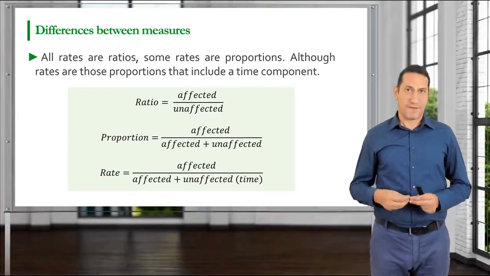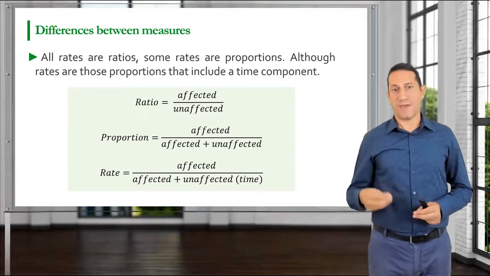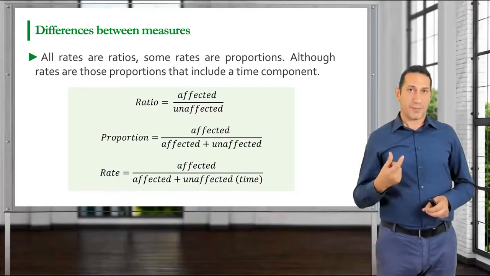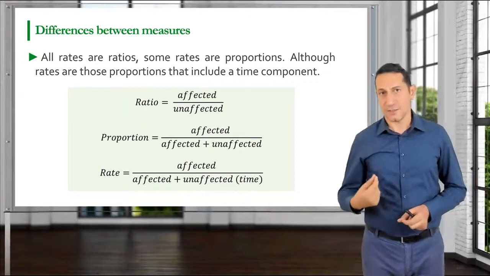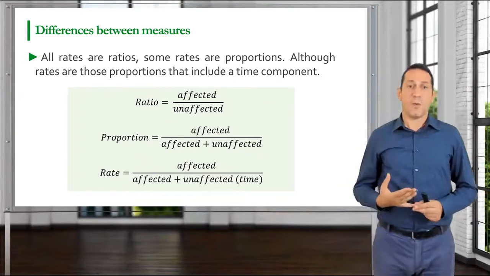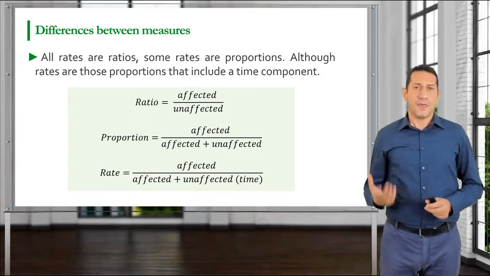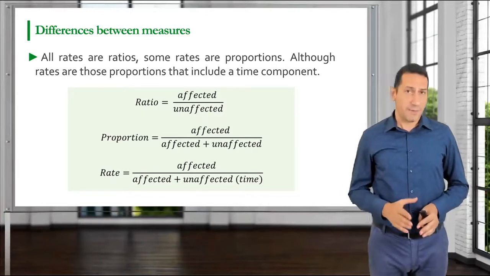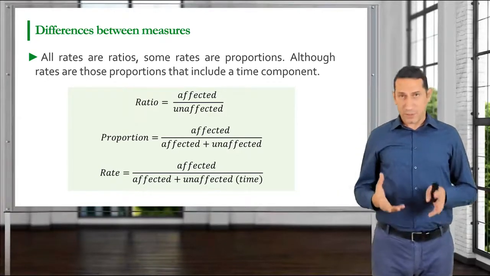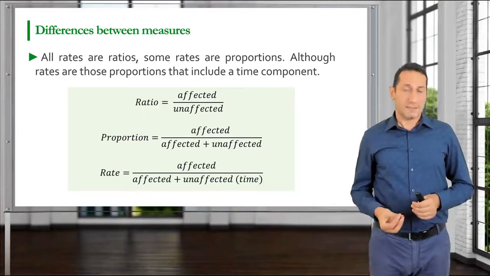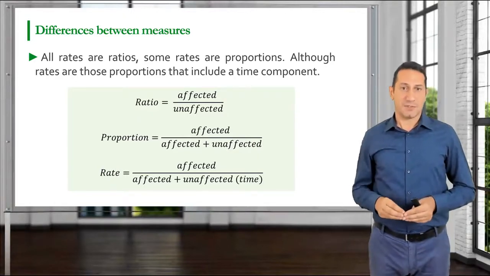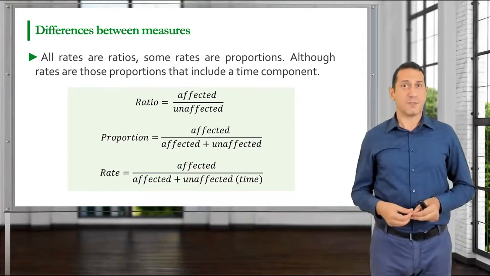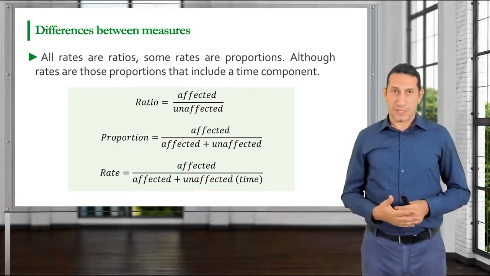So we would have the affected over the affected plus the non-affected. So the numerator per se is a subsection of the denominator. When we talk about rate, there is also the time component, and the time component is very important here because it's a proportion in itself, but involves time. So in the denominator we include the different times, and we will see how we include time into that.